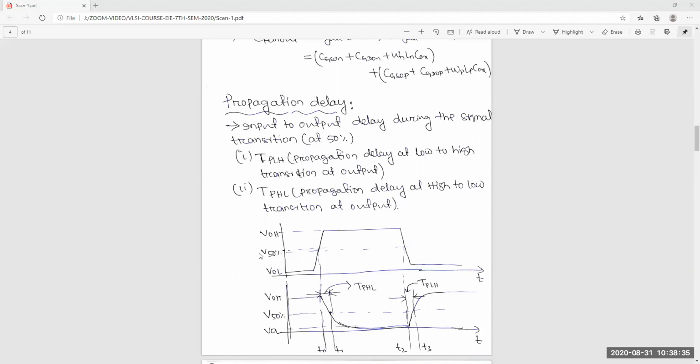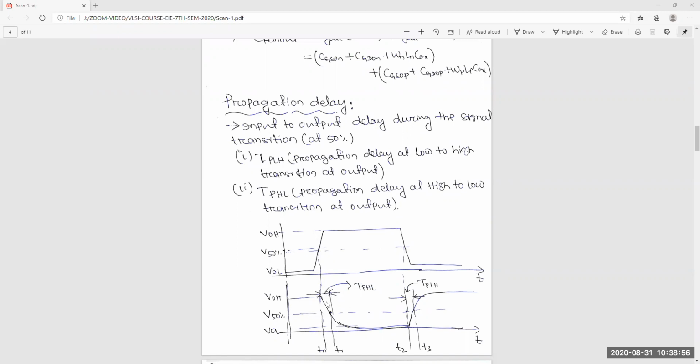So at 50% of the input, after some time you get the 50% value at the output. This time is nothing but the delay.